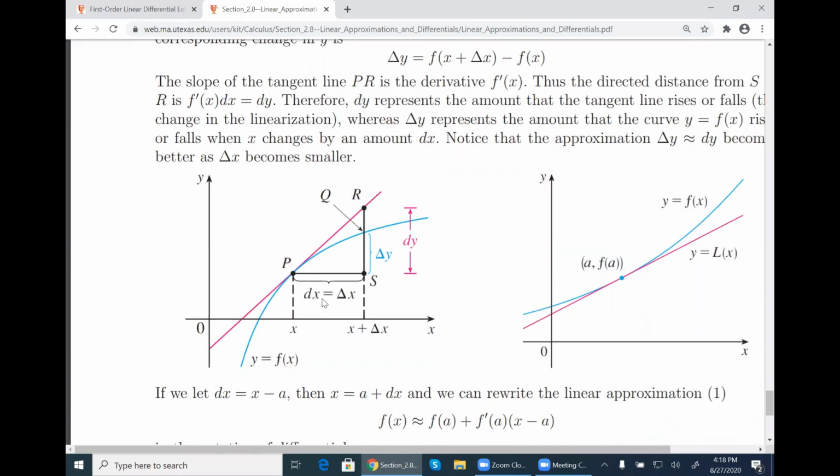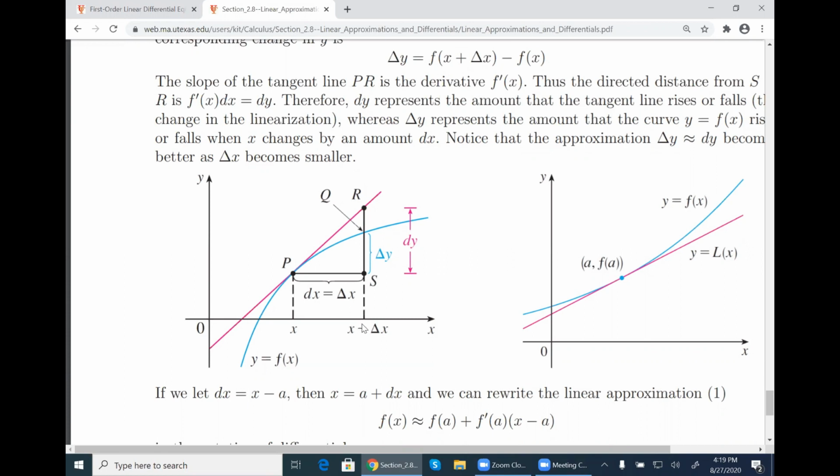So let us go to the right or to the left dx units from x. We start from x, and now let us consider a new point, x plus delta x, which is the same as dx. By the way, note that here dx does not have to be small or big. Dx is some non-zero number.